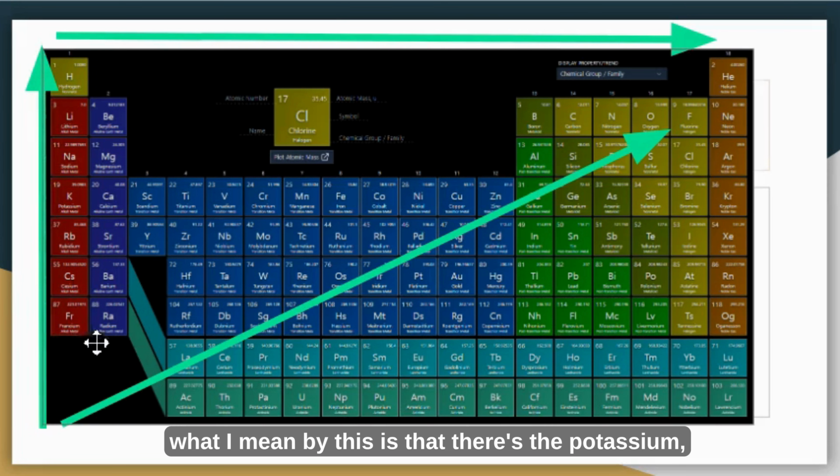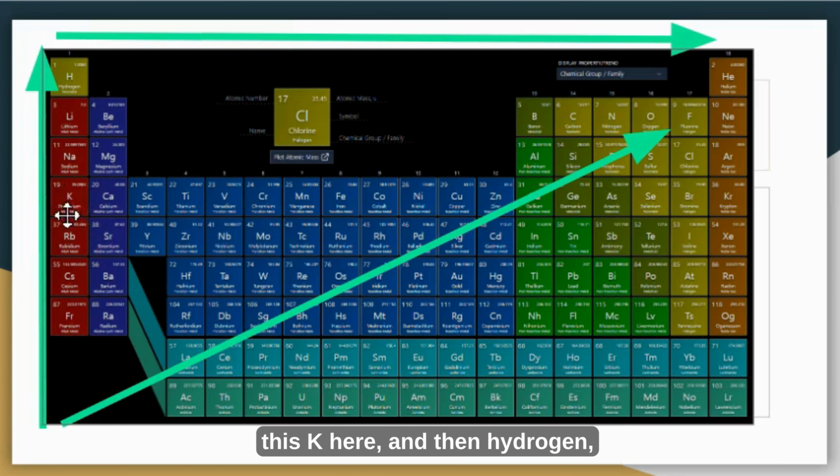For example, there's the potassium, this K here, and then hydrogen, which is H at this top. Which one will have stronger electronegativity and greater ionization energy?